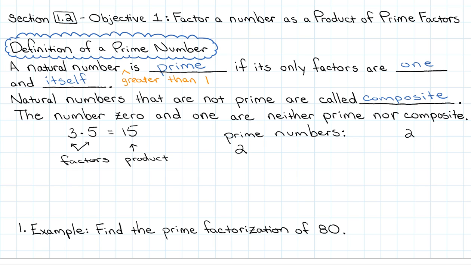Because 2 times 1 is 2, and that's the only way you can get that number. 3, because 3 times 1 is 3. 5 times 1 is 5. And we've got 7, and we've got 11, and we've got 13, and the next prime number would be 17, and so on.